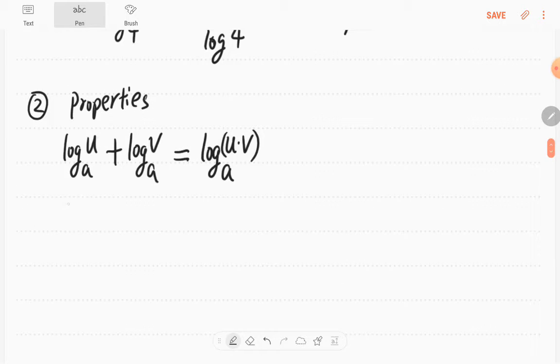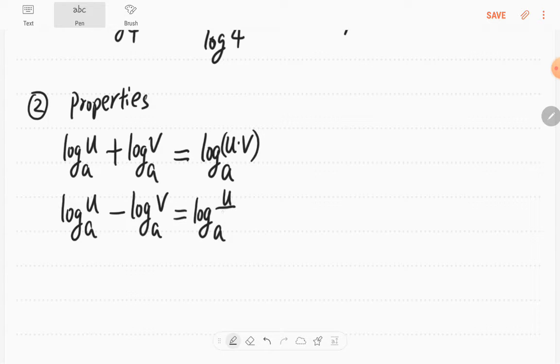And log base a of u minus log base a of v is equal to log base a of u over v.